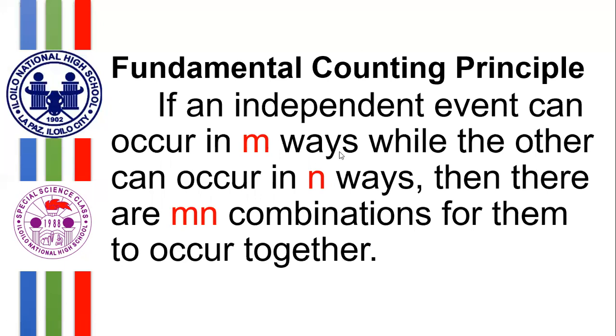In other words, if m is the number of ways for the first independent event and n for the other independent event, then their occurrence together is simply taken by multiplying the cardinalities of each independent event.